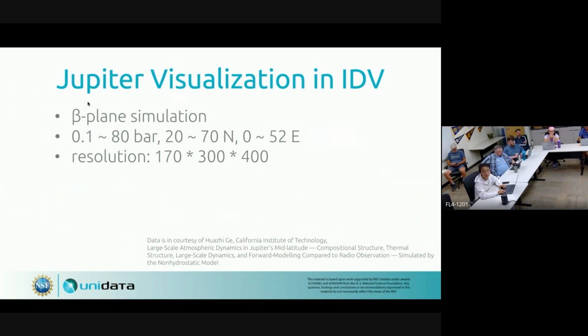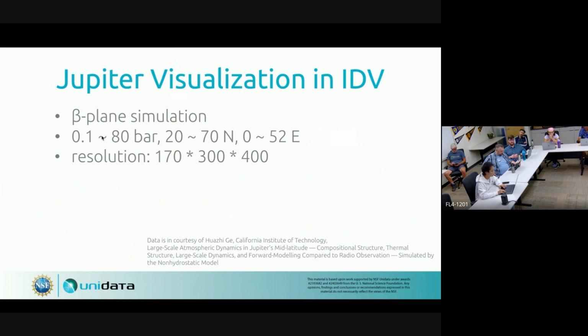And I have some other things to show you guys, which is very interesting. I've also been working with Yuan and Sean to visualize the Jupiter simulation in the Integrated Data Viewer. I got a data set from someone else, who is our collaborator, and his simulation data is in beta plane, and we have a very fine grid resolution for this data set.